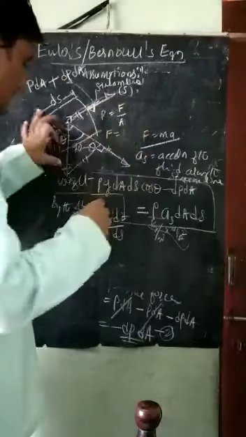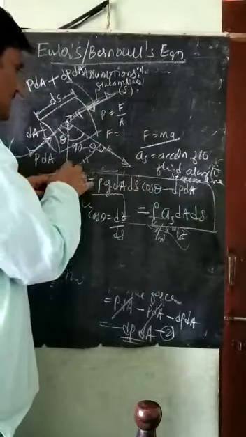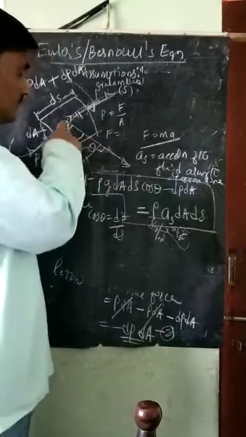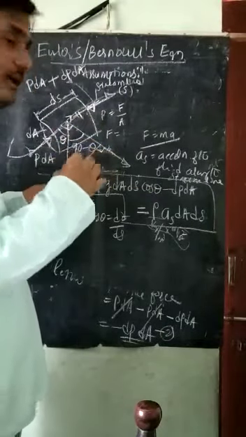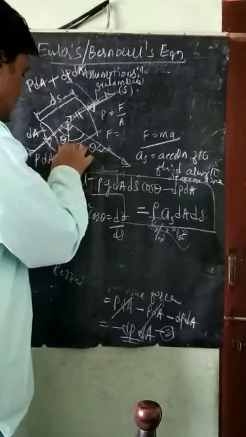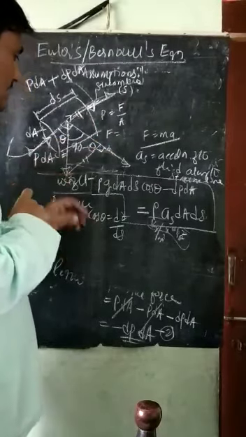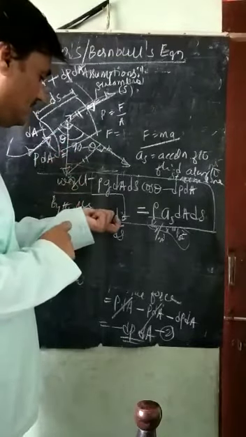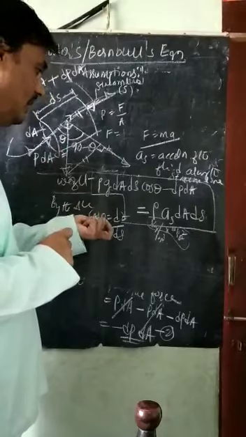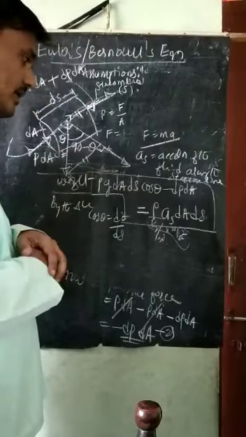If I take this as a datum line, dz is how much the fluid element is elevated from it. So from this triangle geometry, cos theta is equal to dz by ds, and you can substitute it.